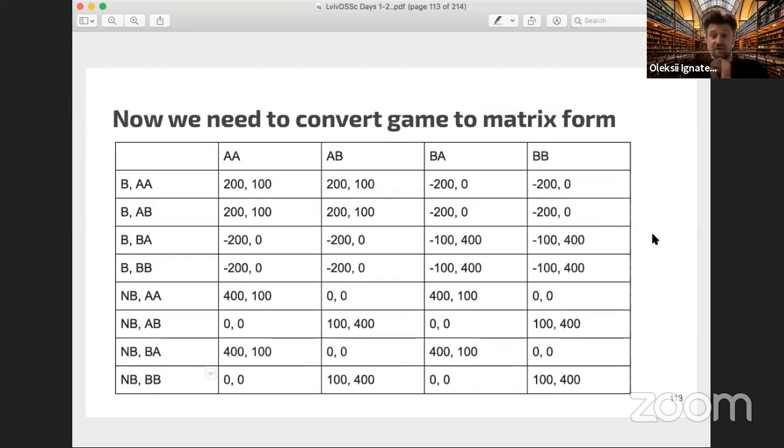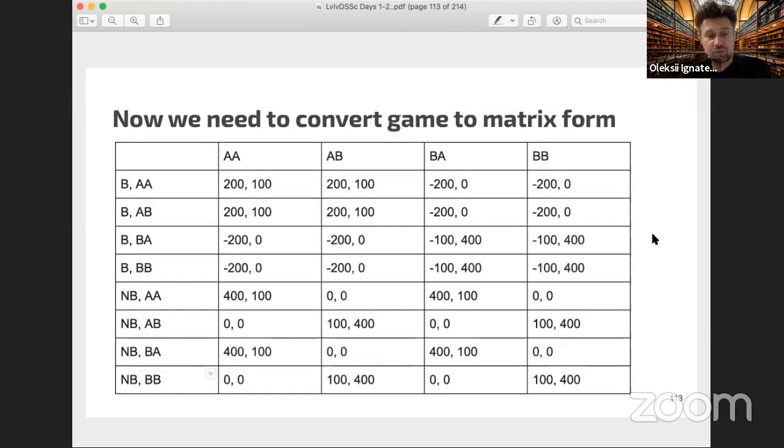And the interesting thing is that when you start to analyze this matrix, you will find that some strategies are actually dominated, and you can remove them. Dominated strategies are strategies that give less than or equal payoff to other strategies, so a rational player will not play them.